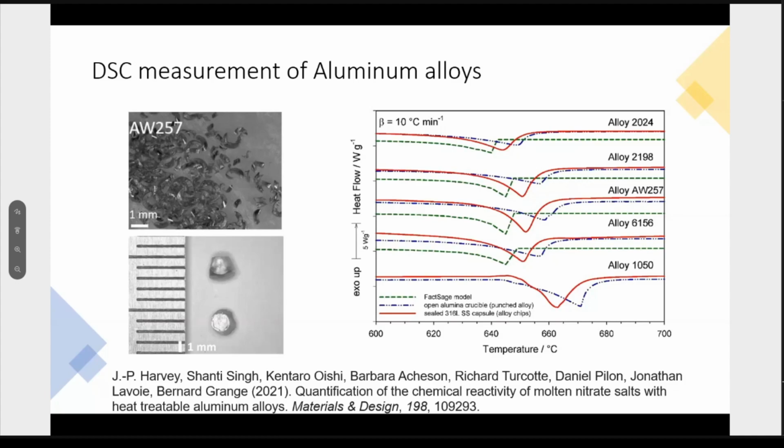This study shows that the agreement between the FactSage calculations and experimental melting enthalpy was good. And the simulated theoretical curves also agree with those values experimentally obtained. And this work is a collaboration with the NRC CanmetMATERIALS in Ottawa.